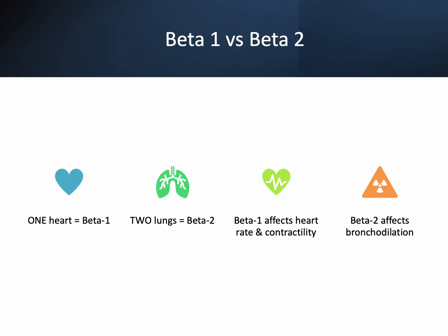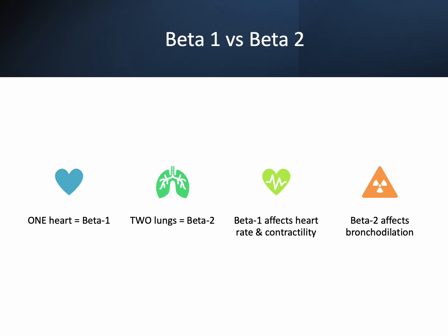Okay, let's talk about the beta 1 and the beta 2 receptors. The best way to remember this is you have one heart and two lungs. So beta 1 receptors are most commonly in the heart. Beta 2 receptors are most commonly in the lungs.